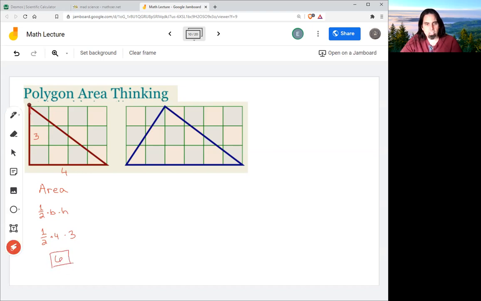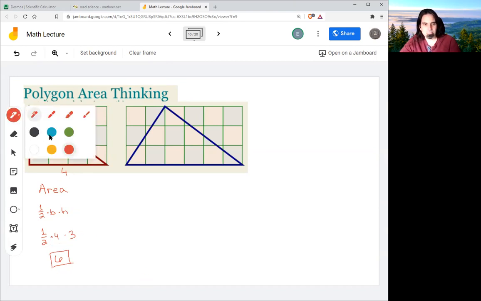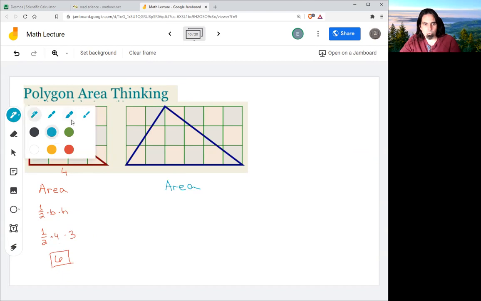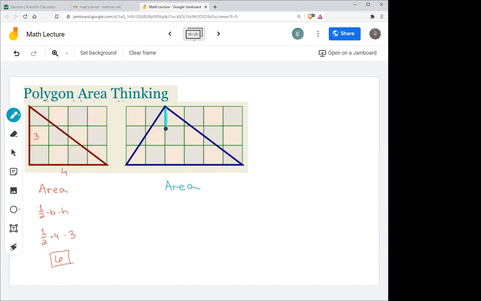We can also just say that the whole rectangle is 3 times 4, and the triangle is half of it. So half of 3 times 4. See how the formula is coming out of the shape? How about our blue one? This one, it helped if I drew my blue line here.